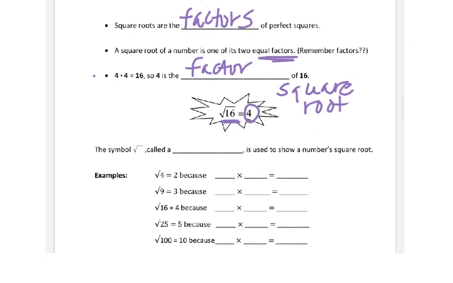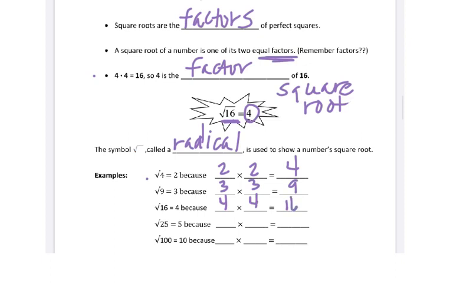The symbol called a radical, and remember we touched on that on the first page where it had all the definitions, is used to show a number's square root. So the square root of 4 right here is 2 because 2 times 2 is 4. The square root of 9 is 3 because 3 times 3 is 9. The square root of 16 is 4 because 4 times 4 is 16.